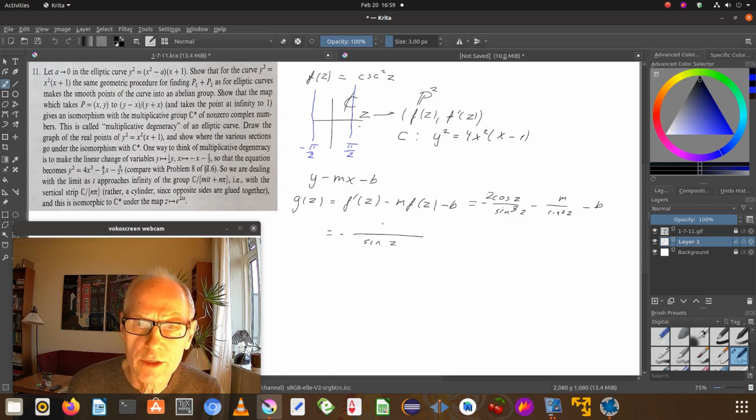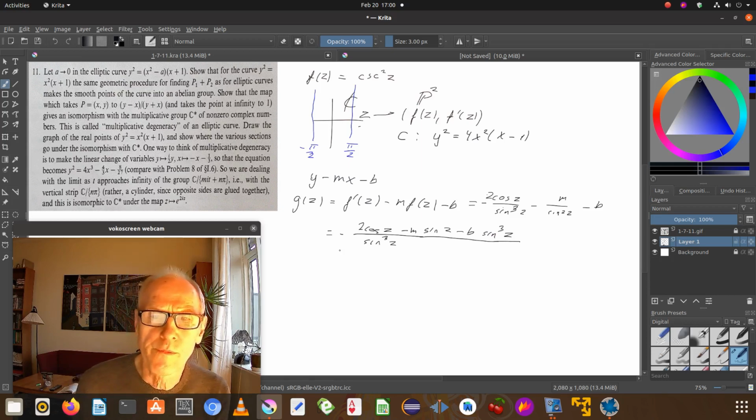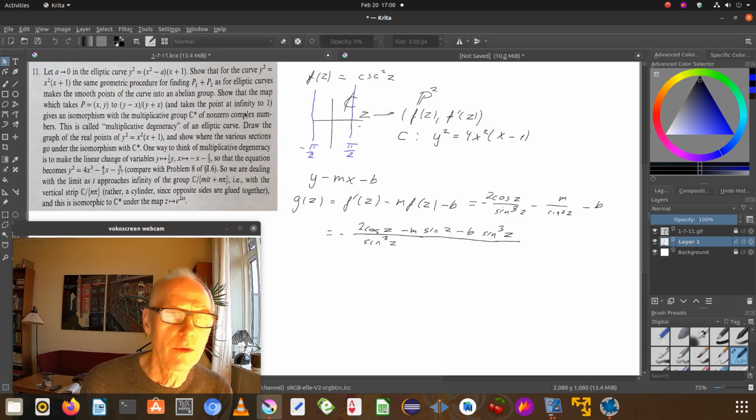There's a minus ahead. So we'd like this function to have, or like to prove that the sum of the solutions in this strip vanishes.